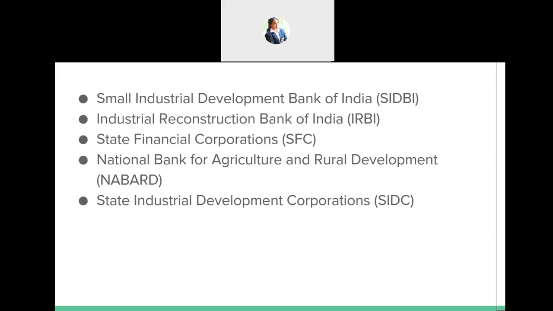The next one is the Industrial Reconstruction Bank of India, or IRBI. IRCI, or Industrial Reconstruction Corporation of India, was set up in 1971 under the Companies Act, to act as an agency to rehabilitate sick units.